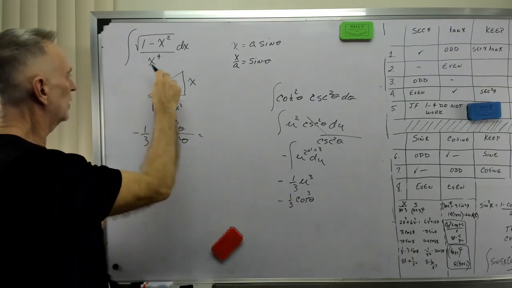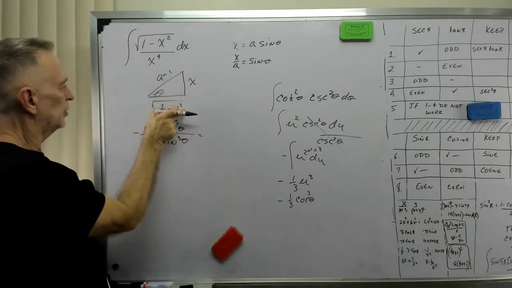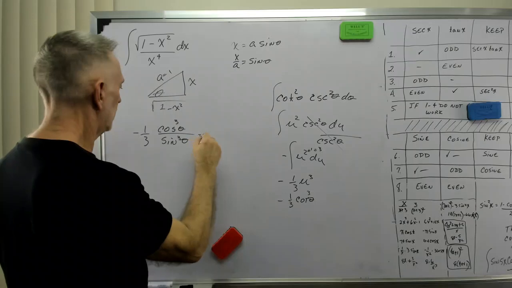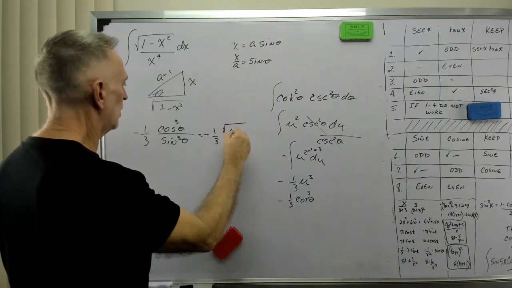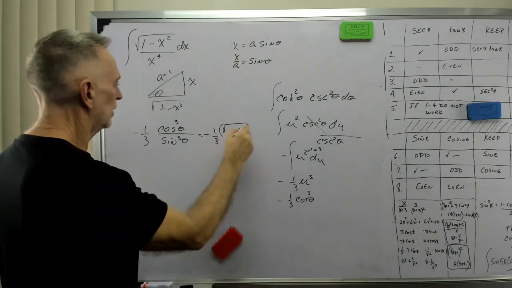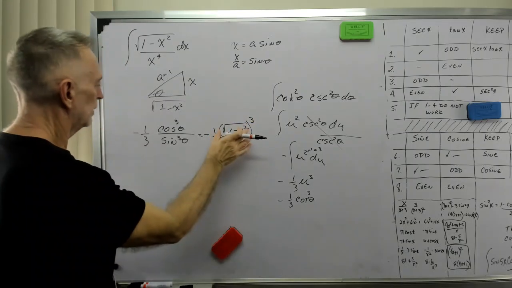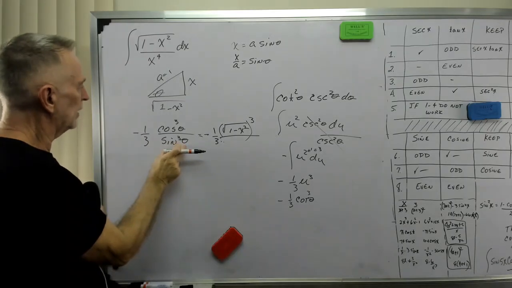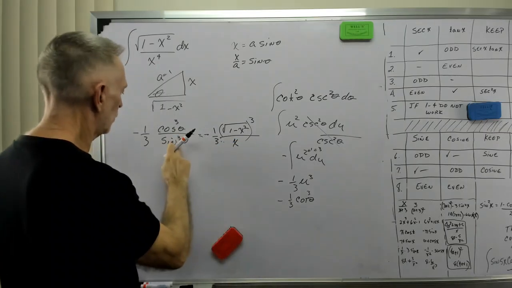Cosine is the adjacent over hypotenuse, so I won't write the 1 down. I have minus 1/3 cosine, which is the square root of 1 minus x squared over 1, cubed, divided by sine cubed. Sine is opposite over hypotenuse, so it's x over 1, cubed.